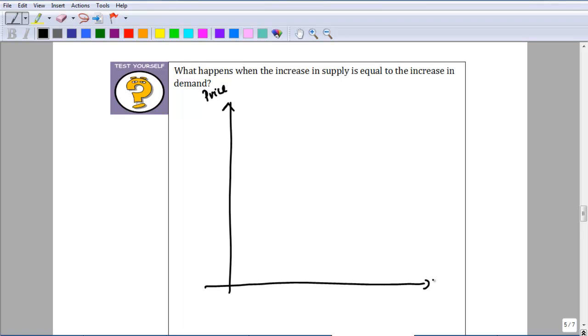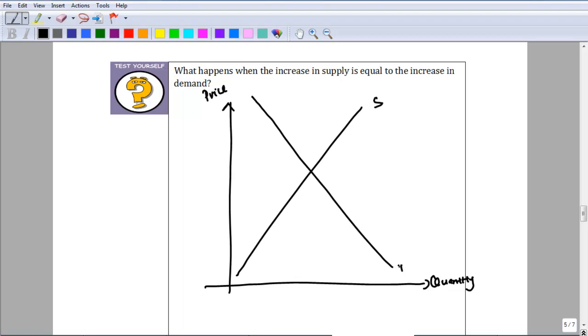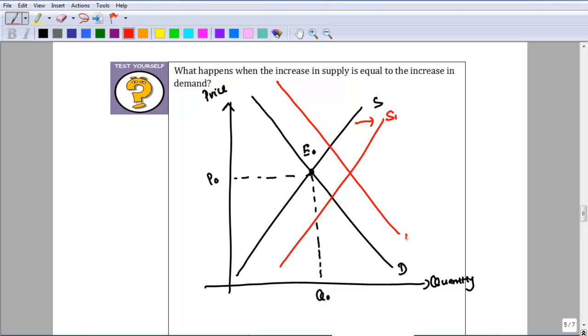So I have price, I have quantity on my axis, supply, demand, market equilibrium point E0, equilibrium price P0, equilibrium quantity Q0. Okay, so increase in supply will shift to the right, okay, to S1. Increase in demand will shift to the right, but by the same extent as compared to the supply curve. Okay, so this is my demand, shifted to the right.